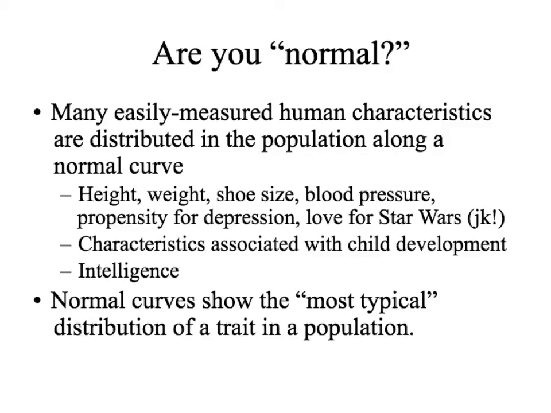All of the characteristics associated with child development are distributed along a normal curve, and so is intelligence. And so when I think about normal in relation to normal distribution, I would encourage you to think about most typical. So a normal curve shows what's most typical within a population.